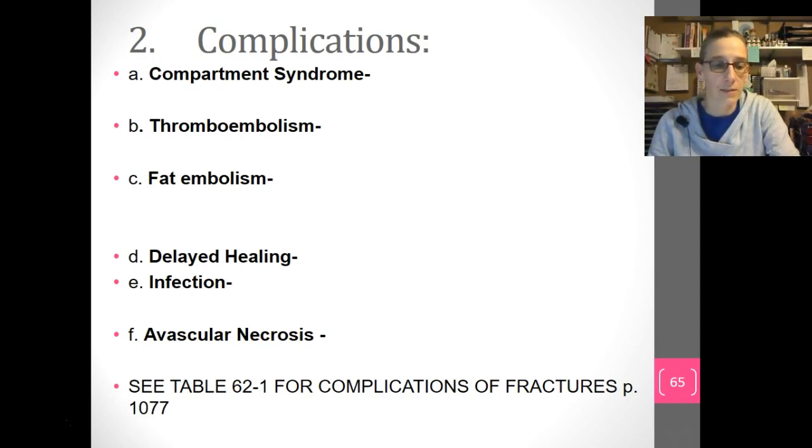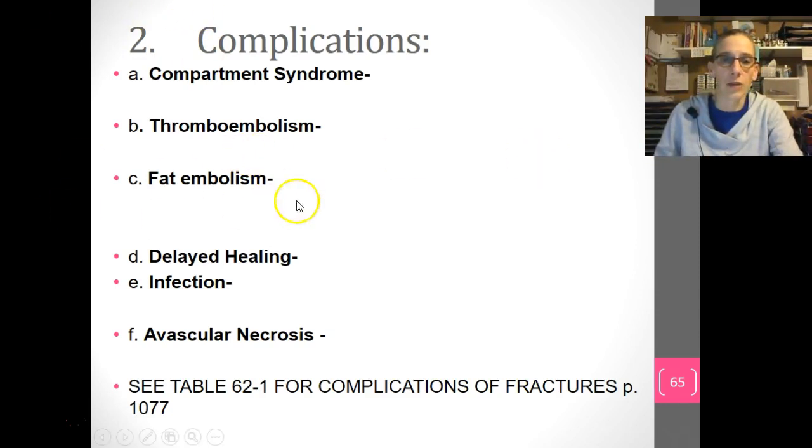Signs and symptoms of respiratory distress are increased respiration, cyanosis, grunting, confusion, retractions. These symptoms that would lead us to think we may have a fat embolism are going to occur usually within the first 48 to 72 hours after the fracture. So we have a very specific time frame on when we might note these symptoms for a possible fat embolism complication.